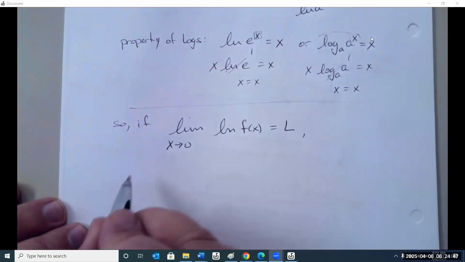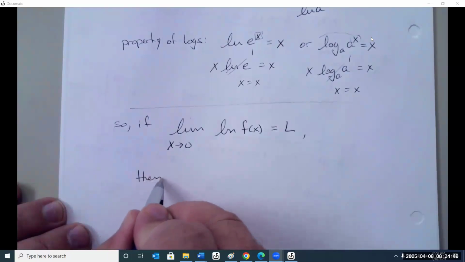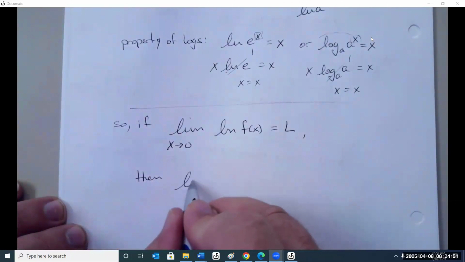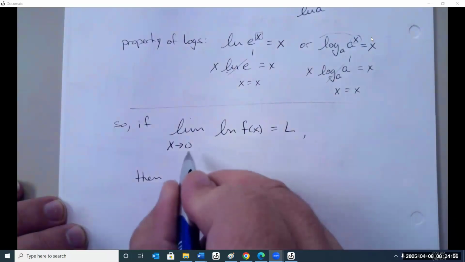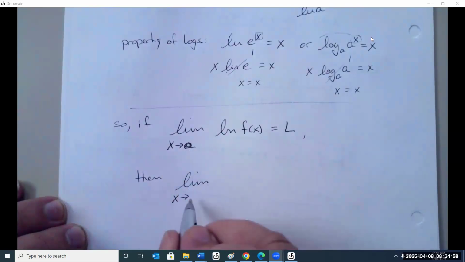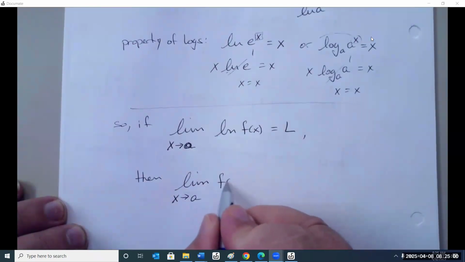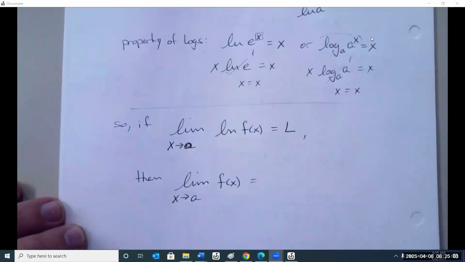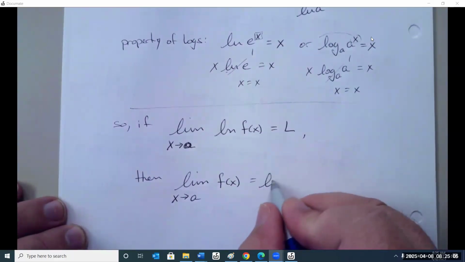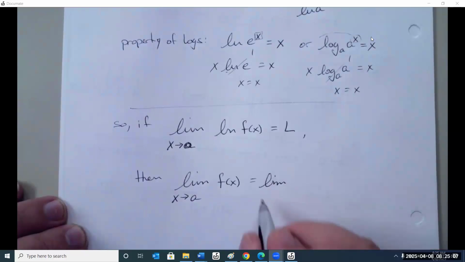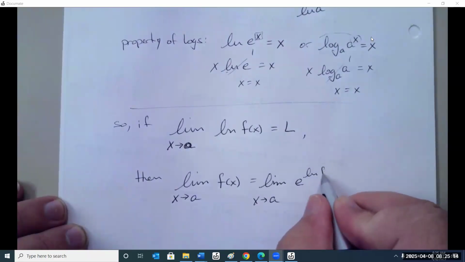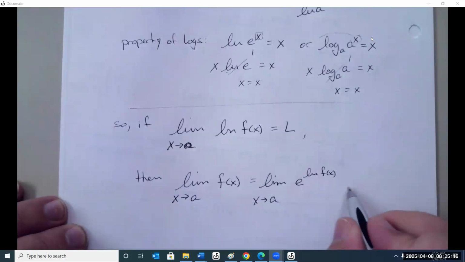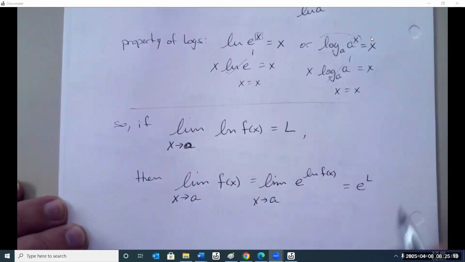So if that's true, then our limit of our function, let's make this a, because it could go to anything. The limit of our function f of x is equal to the limit as x approaches a of e to the ln f of x, which equals e to the power L.